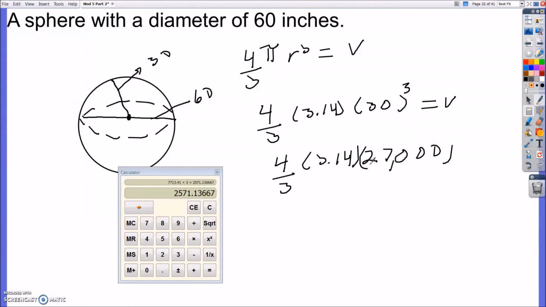And now what I'm going to do is just multiply all these. So I'm going to have 27,000 times 3.14 times 4 divided by 3.